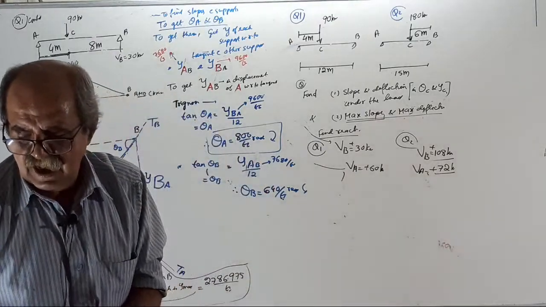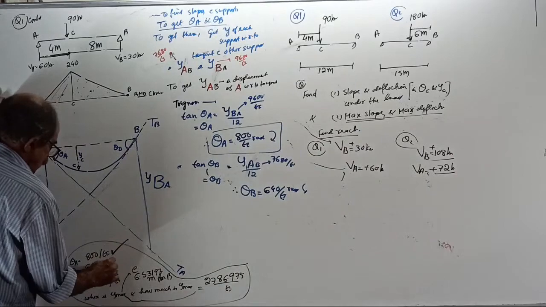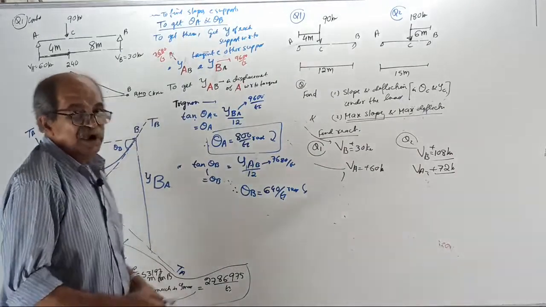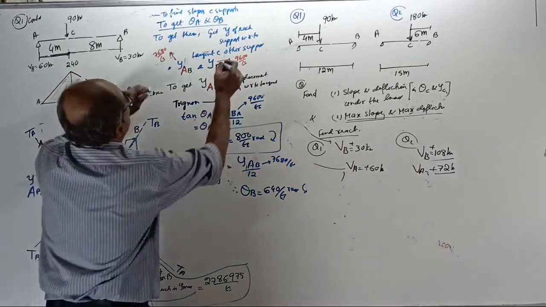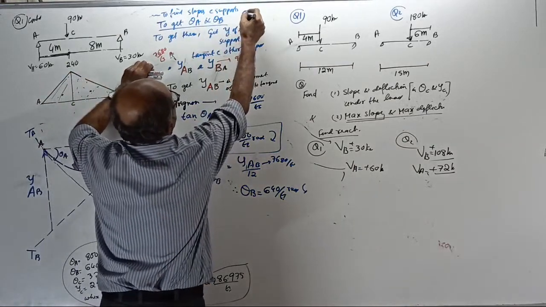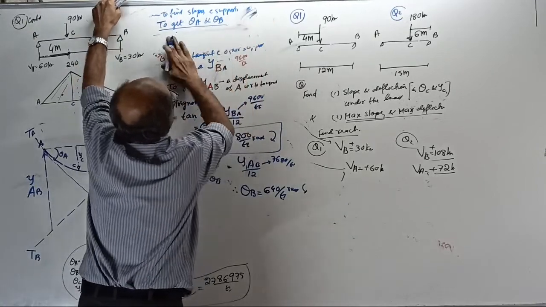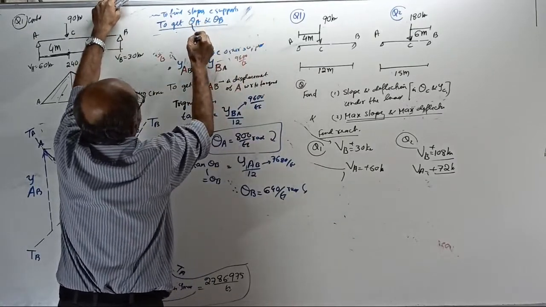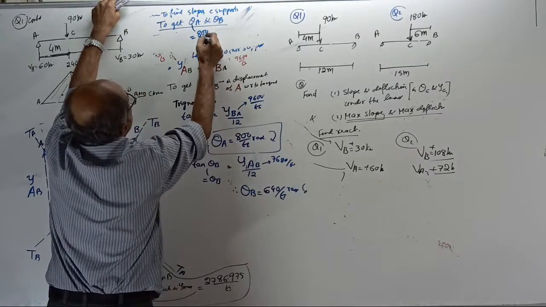Okay, start. Now, see, I told what theta A should come, what theta B should come. Now remember, you know the value of theta A and theta B. Theta A equals 800 by EI.